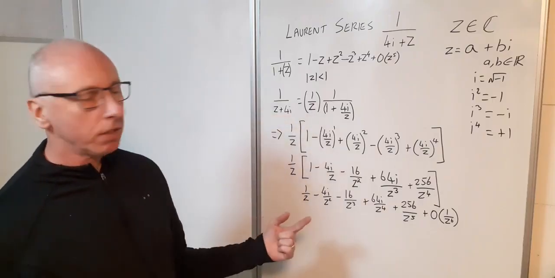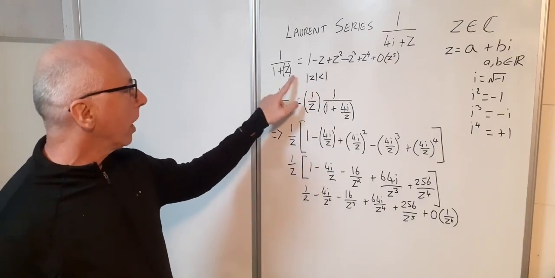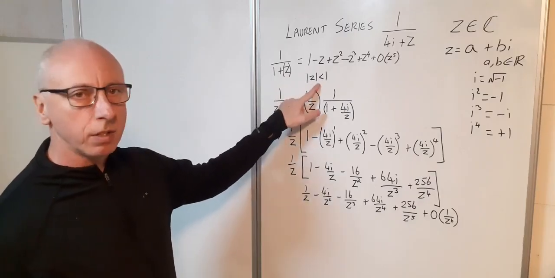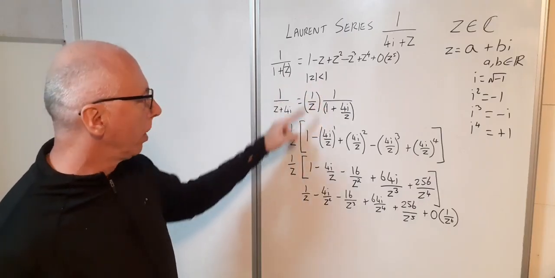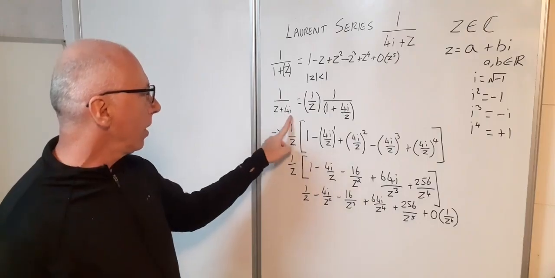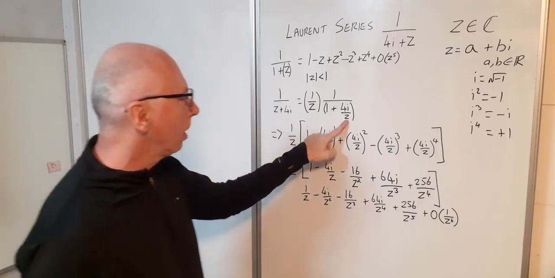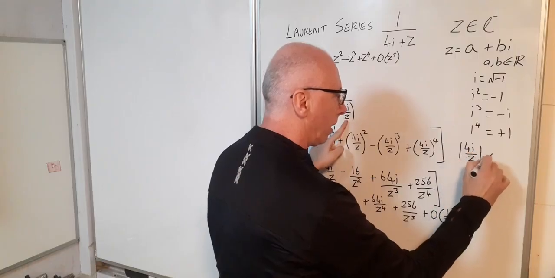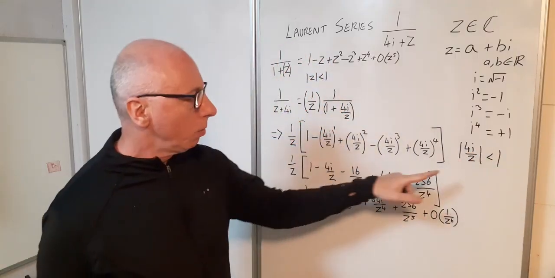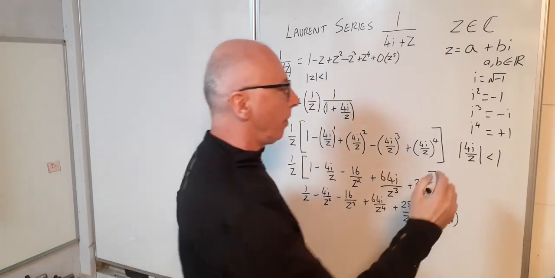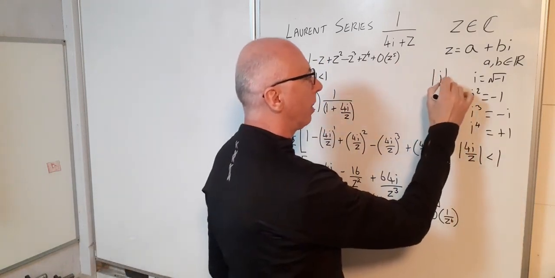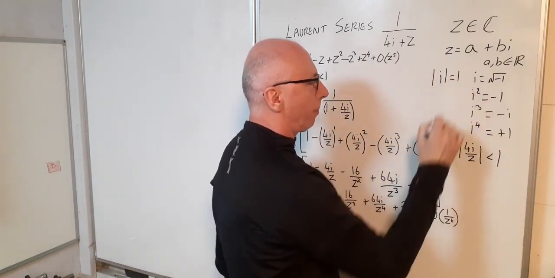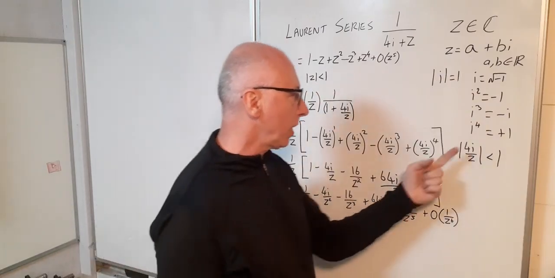Now I need my radius of convergence. So in this case, set that to absolute value less than 1. So here I've got 4i over z is less than 1. Well, the absolute value of i, let's just put that there, that is just 1. So the absolute value of i is 1. So that's just a 1.